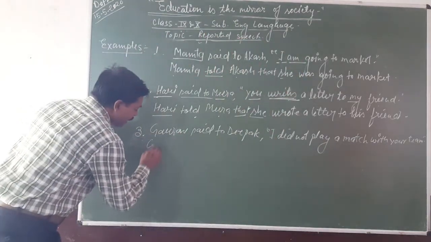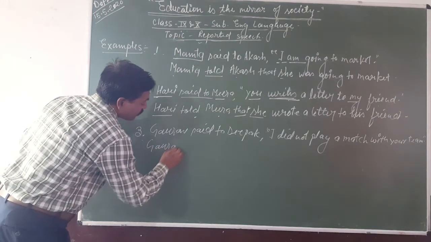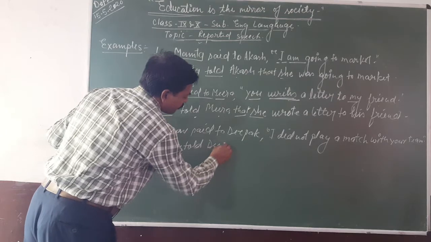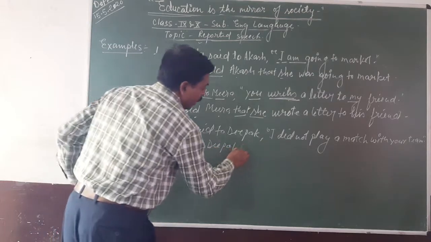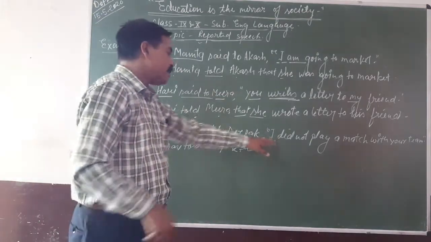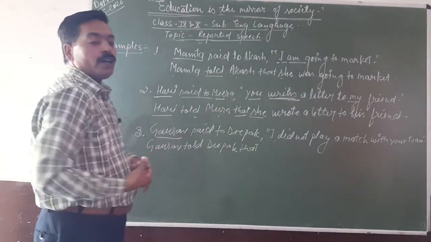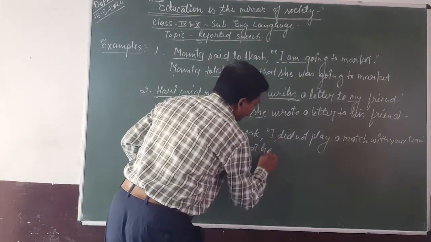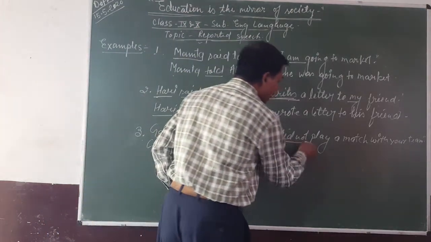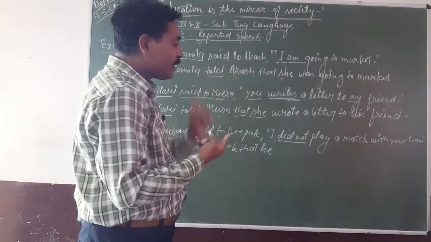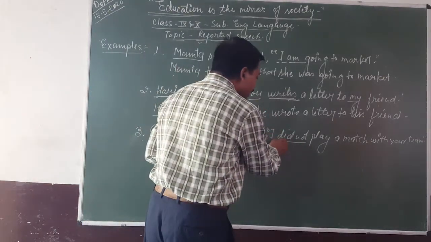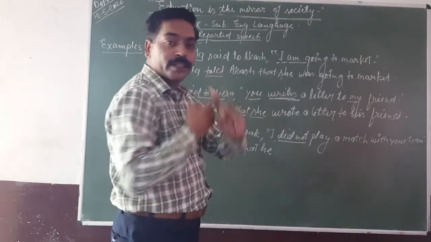Then the indirect of the sentence: Gaurav told Deepak that... here "I" is given, and we change it according to the subject Gaurav. So "I" changes into "he". Next, the verb "did not" is given. Did not also belongs to past indefinite tense, so past indefinite tense changes into past perfect tense.